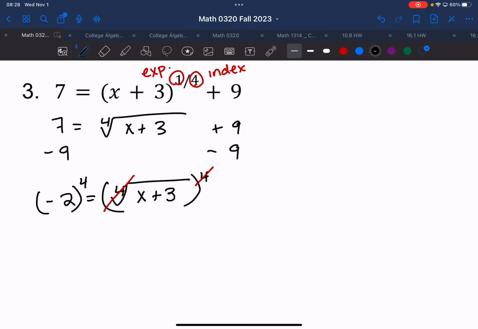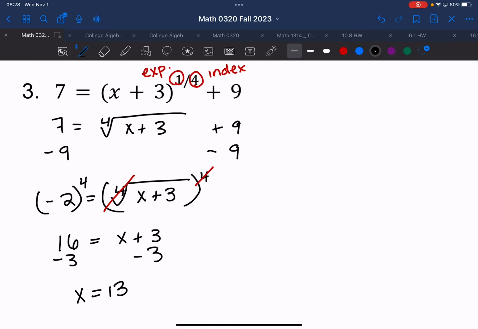So I have negative 2 to the 4th power, which is 16, is equal to x plus 3. Last step is to get my variable by itself. So what am I going to do? Subtract 3. So I get x is equal to 13.